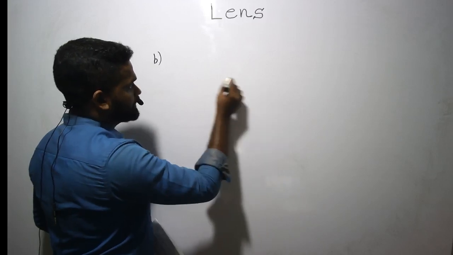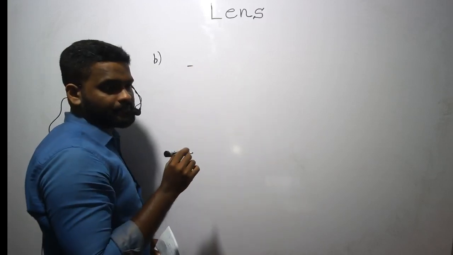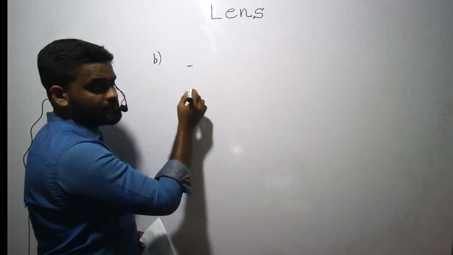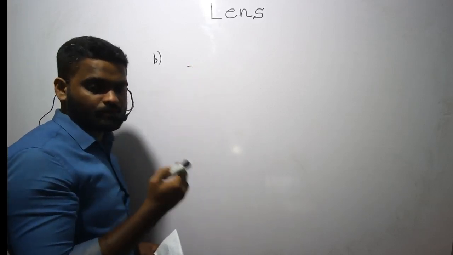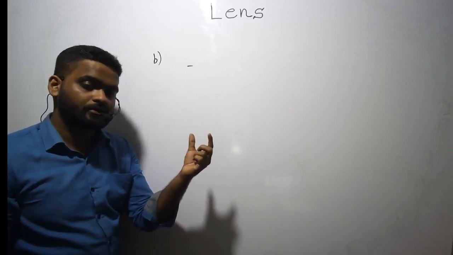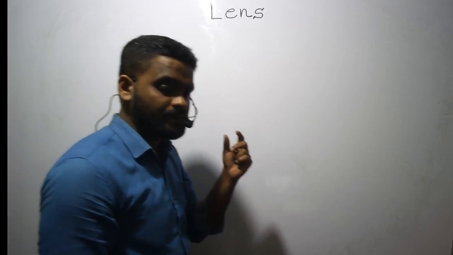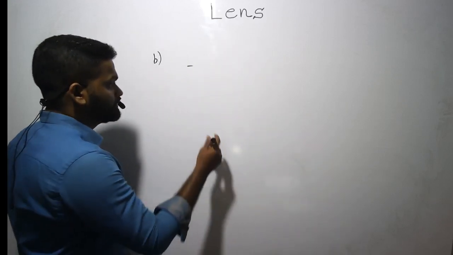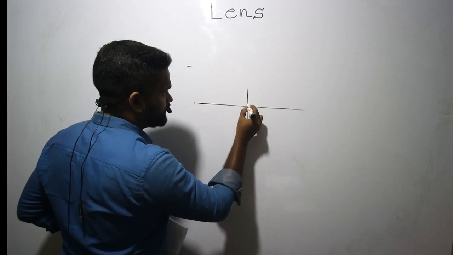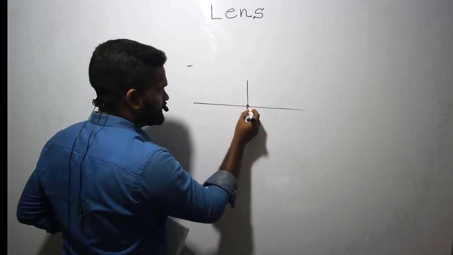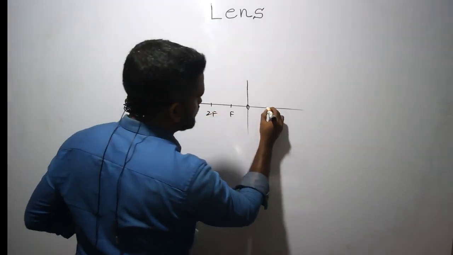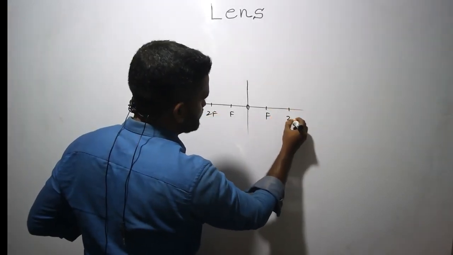Right. So this happens below that, right, when the object is within focal length. We have this lens here, f, here 2f, here f, 2f.